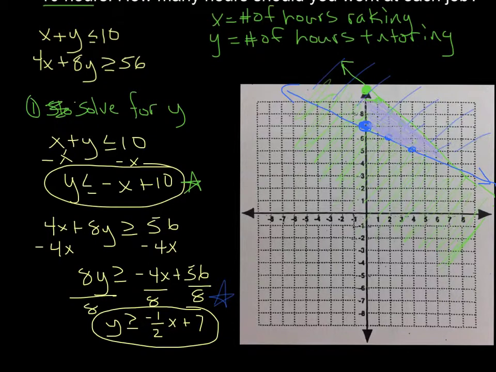If we look at, let's say I work 3 hours on one job, and I work, let's say, 7 hours on the other. So we're basically saying over 3 up 7, so there's the point (3, 7) right there.